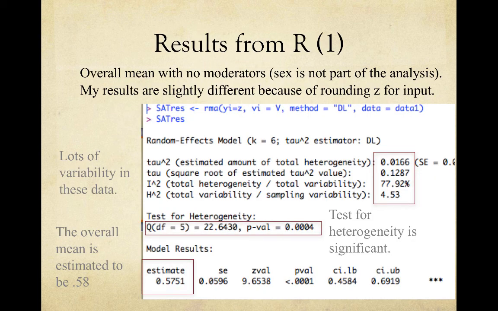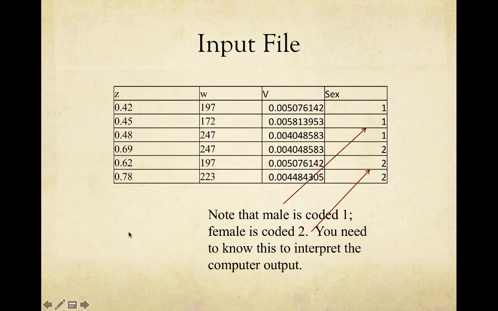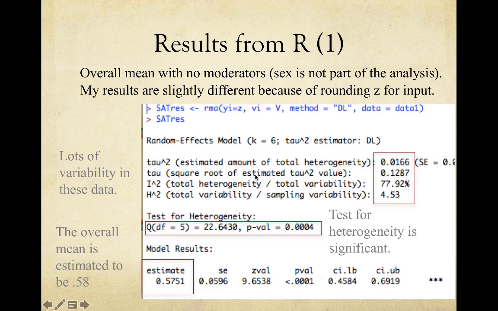All right, so here I have metafor run, and it says SAT results gets rma, so that's metafor. yi equals Z, so here's my effect size. vi equals V, here's my variance. So I've got Z as my effect size, V is my variance, and those are the things that metafor needs to know. Method is DL, so I'm going to ask it for that DerSimonian and Laird estimator of the random effects, and when I write it in data, I called it data1.